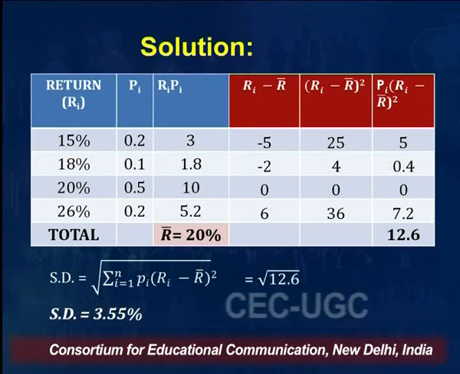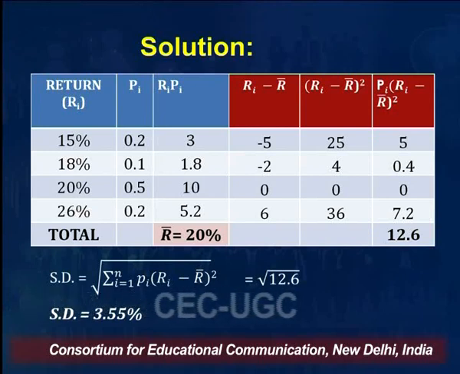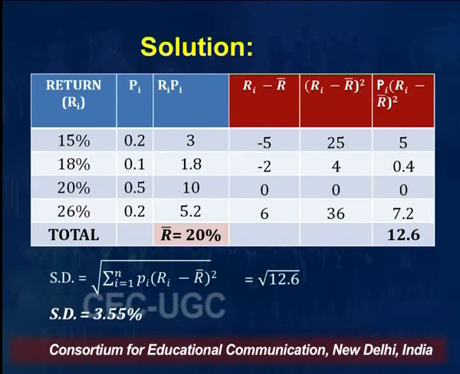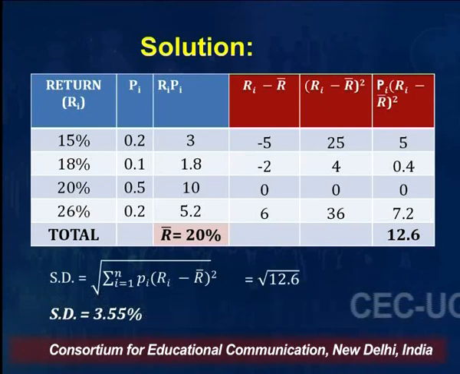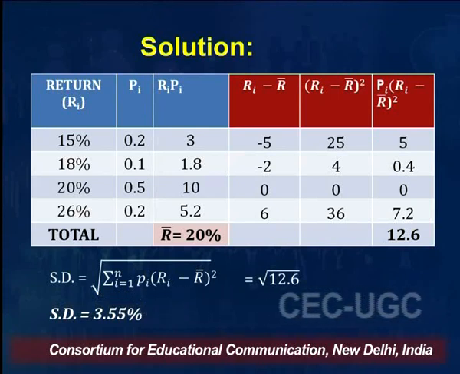So 15% multiplied by 0.2 comes to be 3%, 18% multiplied by 0.1 comes to be 1.8%, 20% multiplied by 0.5 comes to be 10%, 26% multiplied by 0.2 comes to be 5.2%. So the summation of Ri Pi comes to be 20%. So 3 plus 1.8 plus 10 plus 5.2 comes to 20%. It means the average return of investment in security X is 20%.